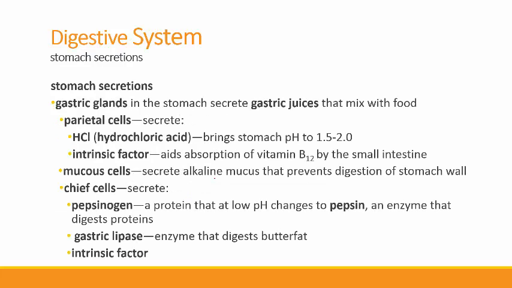Okay, so what are the secretions? What is gastric juice composed of? Well, let's first look at the cells that produce the gastric juices. There are gastric glands. The gastric glands include the parietal cells, the mucus cells, and the chief cells. So those are the three types of gland cells that produce gastric juices.